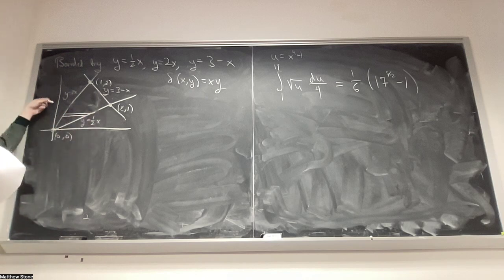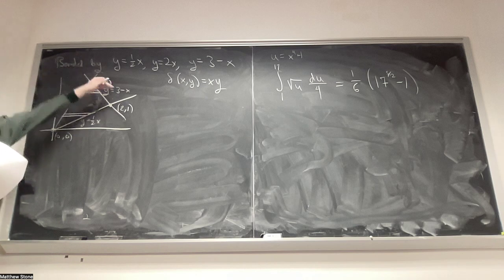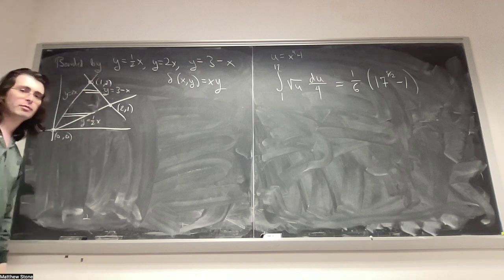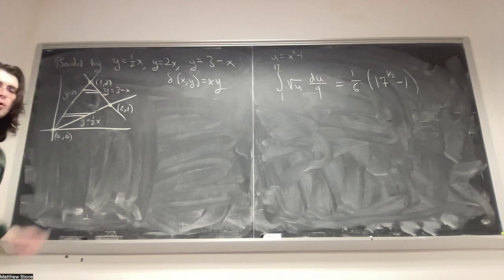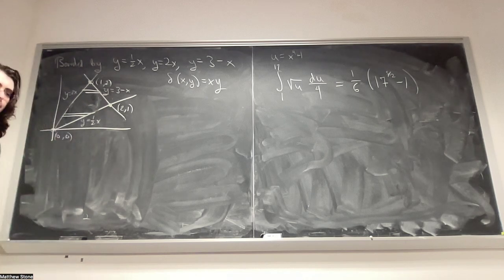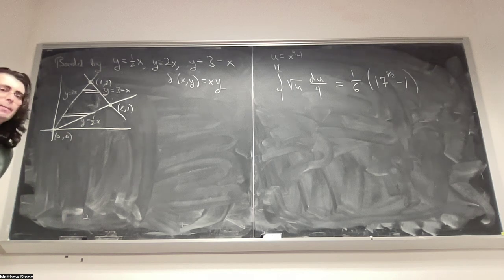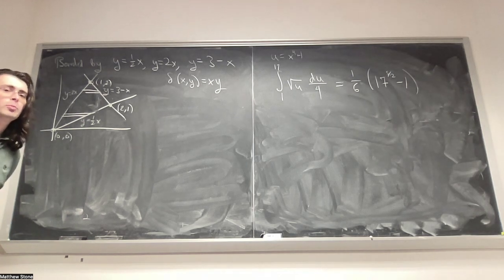Because here we're going from the left at y equals 2x up to the right of y equals 1/2 x. And up here, we're going instead from y equals 2x up to y equals 3 minus x, neither of which work as one single continuous function. Not continuous, smooth. And so what we have to do is break up our picture into multiple pieces.